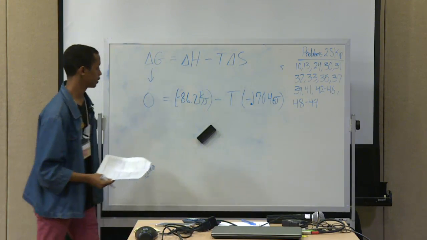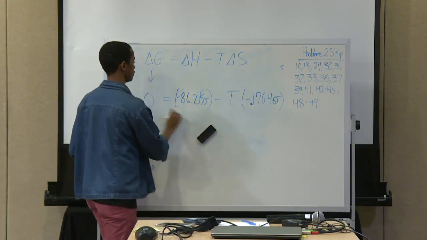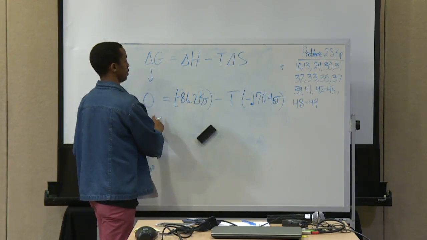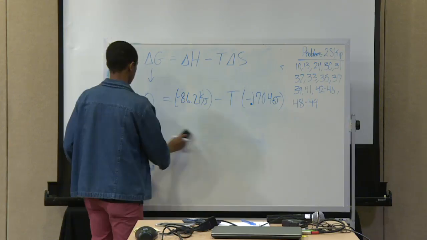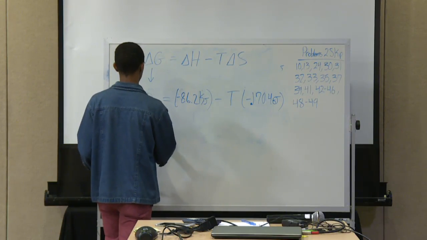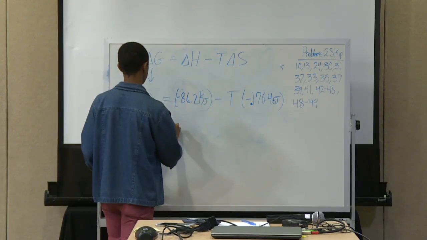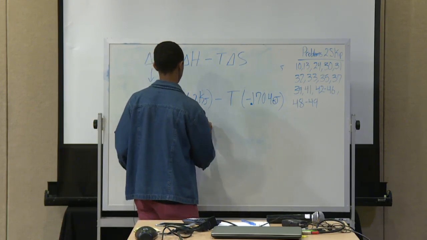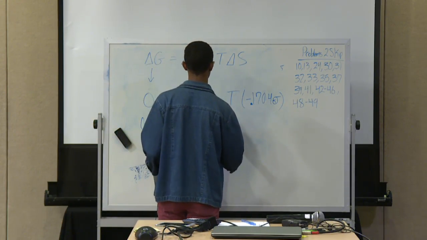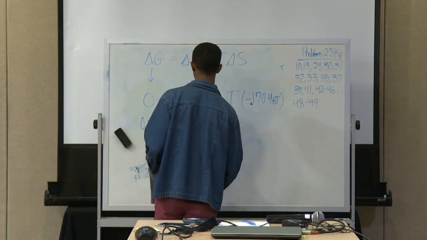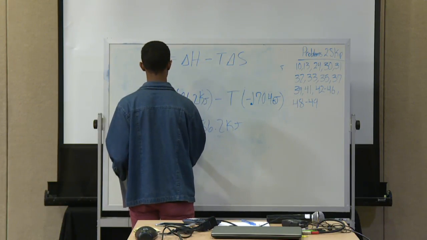Cool? So this is 0. I can just move that to this side. So I've got 0.1704 times temperature equals negative 86.2 kilojoules. There's also kilojoules.